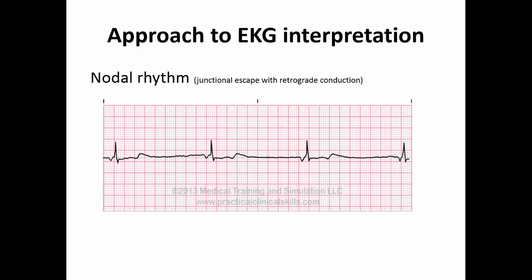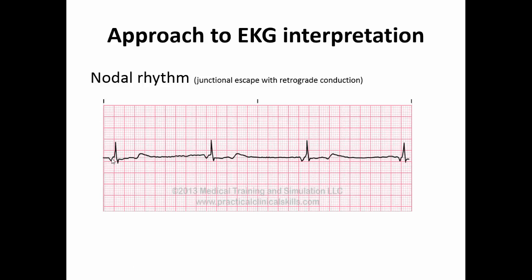Here's an example of a nodal rhythm. This is actually a junctional escape rhythm, and what you see is some retrograde conduction. What I mean by that is, if you think about a few slides back when we talked about the normal heart rate starting in the SA node and extending down through the AV node and then to the ventricles, what's going on here is you have the QRS complex starting kind of low in the node, and when it does that, it actually goes back up to the heart.